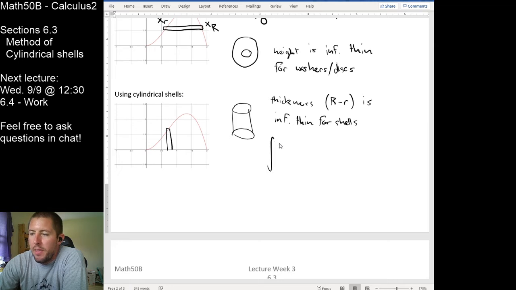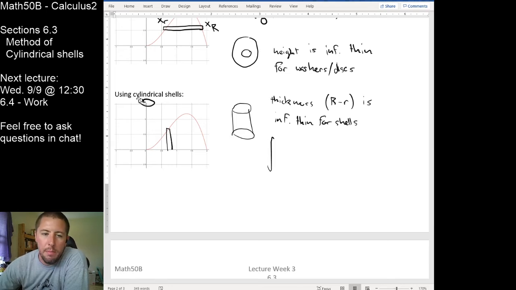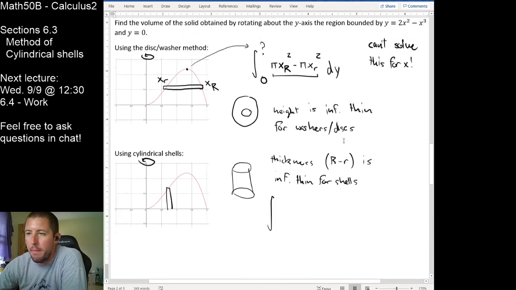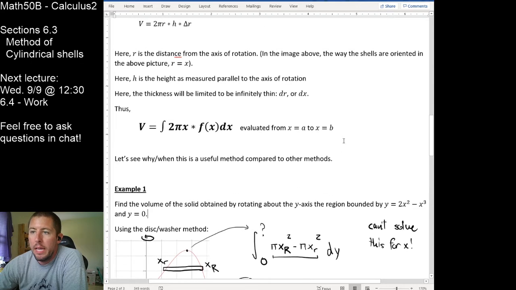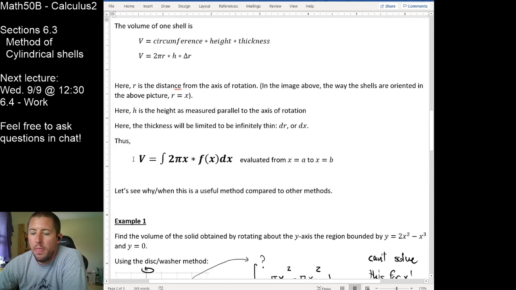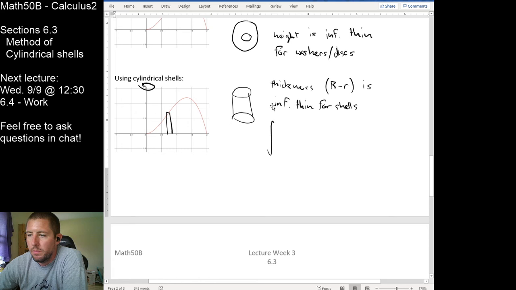All right, so again, I'm thinking of my integral right here. I know that my axis of rotation is the y-axis. So I'm going to scroll up because I want to revisit some of the statements that I made up here. In these cases, one thing I know is that we're always looking to set up our integral as a circumference times height times thickness.